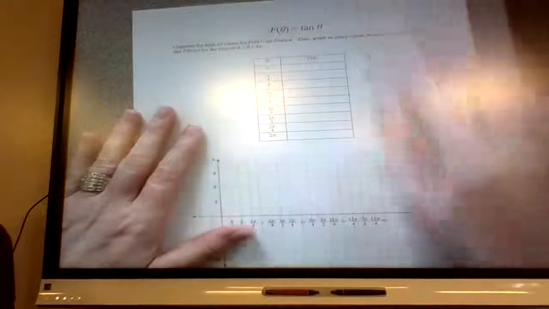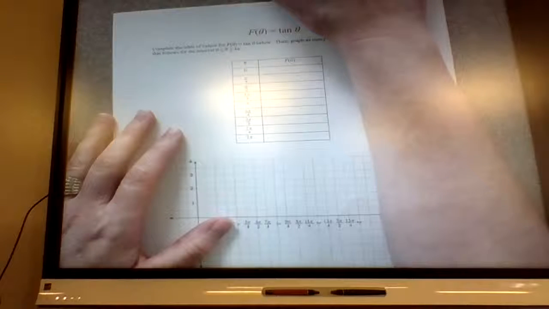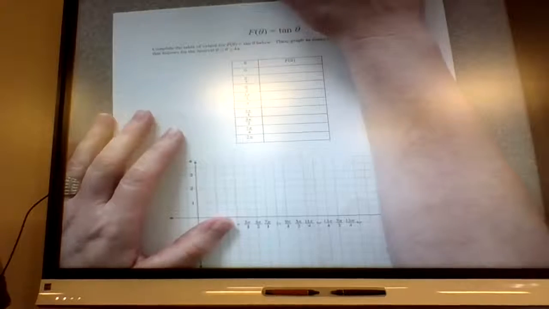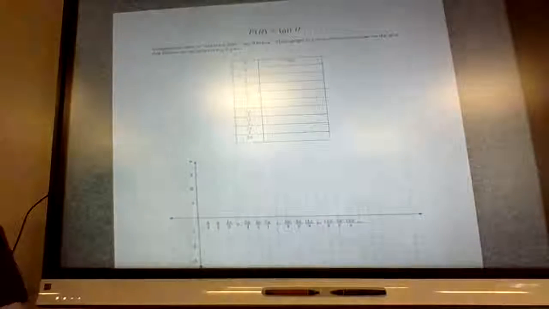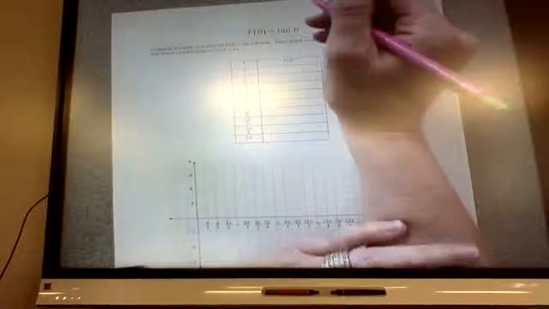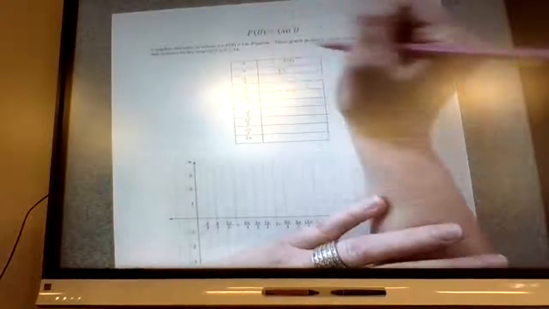All right, are we ready for tangent? What is the tangent of 0? 5. No. 0.